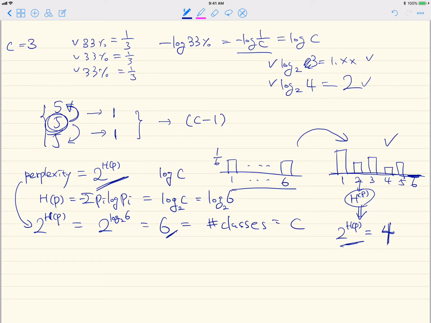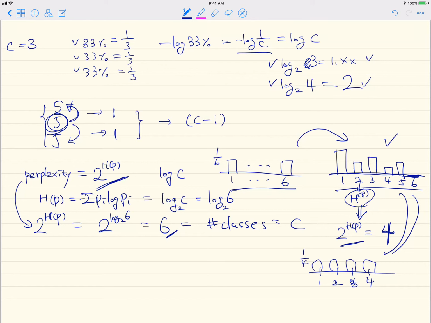Okay, so in this case, you can view this as having roughly the same entropy value as having only 4 different face values, each with the same probability of 1/4.